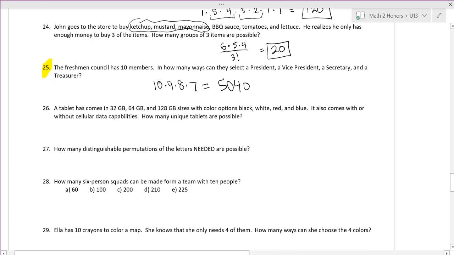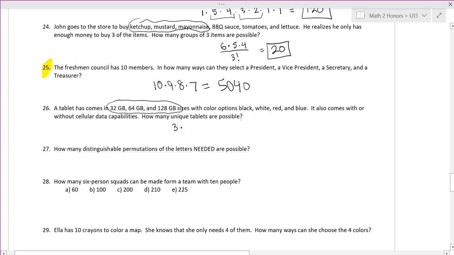26, a tablet comes in 32 gig, 64 gig, and 128 gig with color options black, white, red, and blue. It also comes with or without cellular data capabilities. How many unique tablets are possible? So in this one, you're going to pick a size out of 3, so you got 3 options for size.